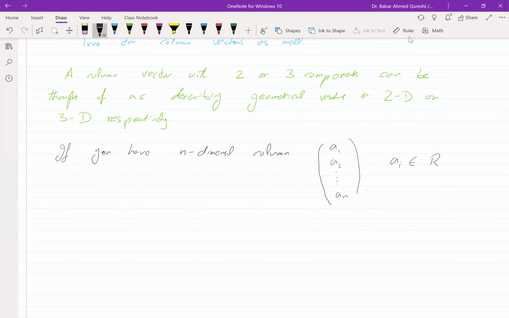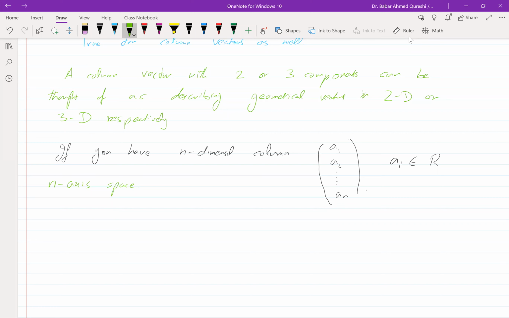So you just imagine that instead of 3 axes, like when you have 2 numbers, then you think that you have 2 axes. When you have 3 components in this column, you have 3 axes. So you just imagine that you have some kind of a space with n axes. You cannot really imagine it in your mind. You just can deal with it by using the same rules which you were using for 2 and 3 dimensions. So you just have an extra axis which is perpendicular to your previous axes.